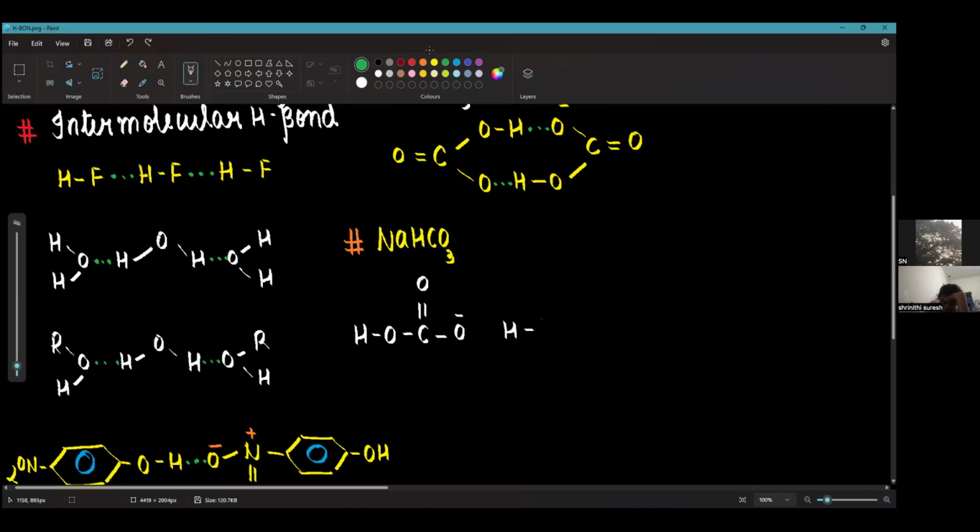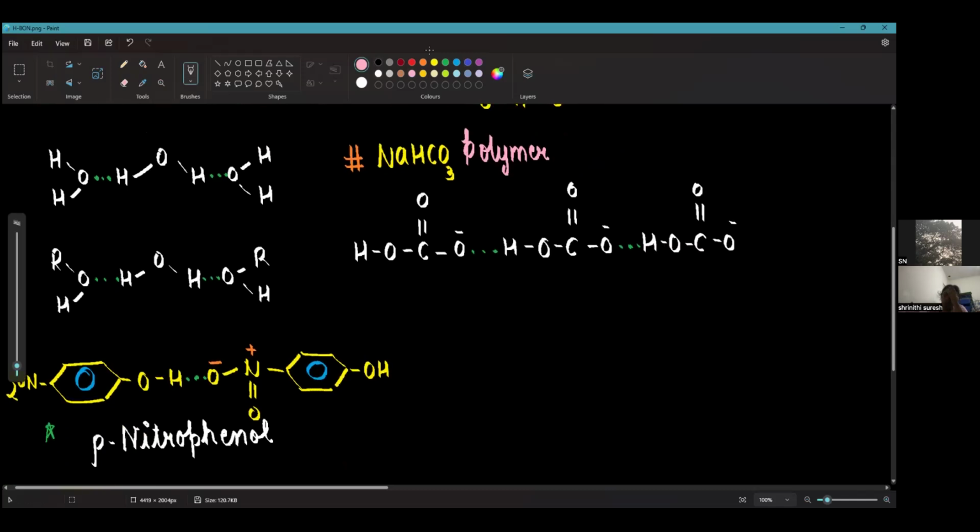So it will be H, then O, then C double bond O minus. H, O, C double bond O minus, like this. See, here there is a hydrogen bond, so this is going to form a polymer. Sodium bicarbonate will form a polymer, whereas potassium bicarbonate will form a dimer.